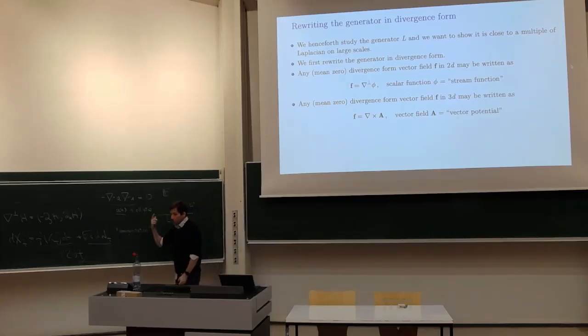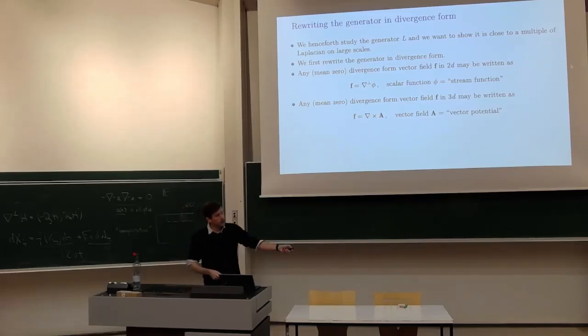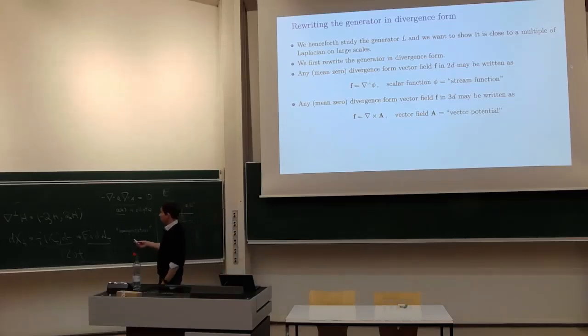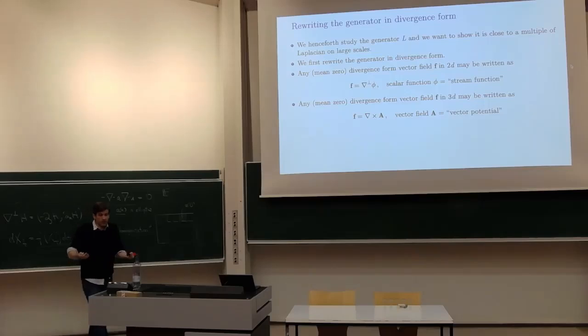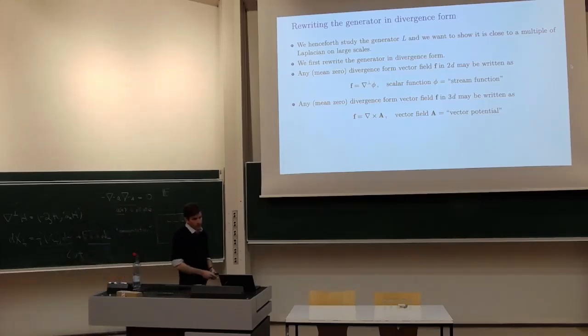In 2D, we were already drawing these pictures with streamlines. In 2D, if you have a divergence-free vector field, it's the grad perp of something. And this is called the stream function for that thing. In 3D, as you know from electromagnetism or whatever, if you have a divergence-free vector field, you can write it as the curl of a vector potential.